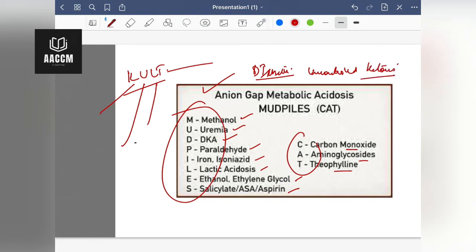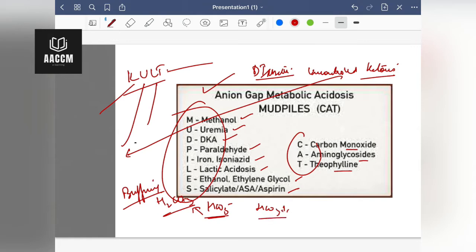Due to the raised levels of acid which binds to bicarbonate, there is a buffering effect to form H2CO3. So there is an increased use of bicarbonate to act as a buffer. So the bicarbonate level decreases here, which causes metabolic acidosis plus high anion gap.